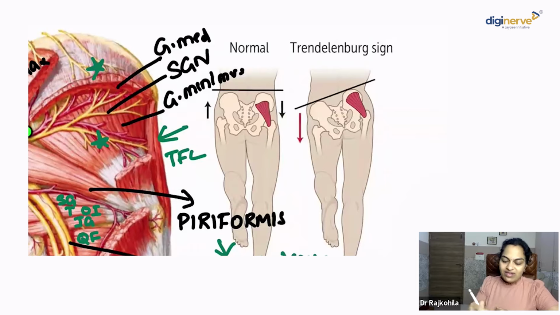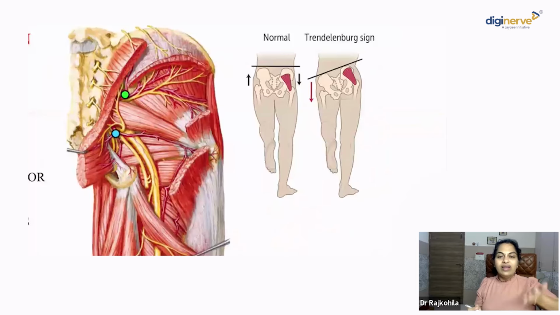Moreover, this is again a very important high-yield topic. What is Trendelenburg sign? When one leg is off the ground, the pelvis on that side has a tendency to sink. But it doesn't happen. It'll look awkward while walking, right? This is because of the contraction of the gluteus medius and minimus of the opposite side.